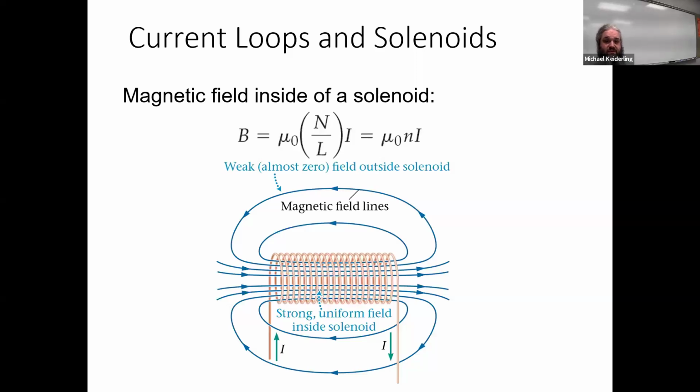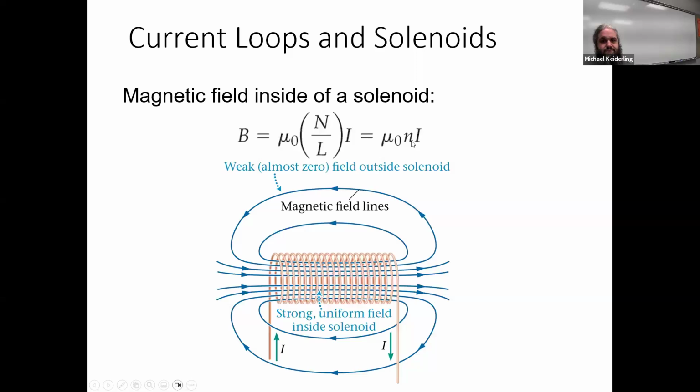Now, a solenoid is a coil of wire that has essentially a uniform constant magnetic field inside and minimal magnetic field outside. And so the magnetic field inside of a solenoid ends up being mu naught times the number of turns over the length times the current.